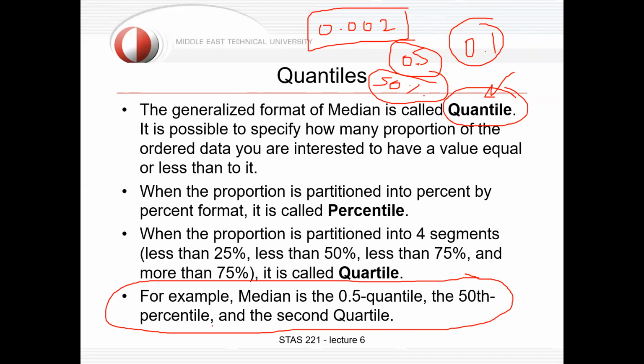especially quartile. Quartile is when you partition your data into 4 segments. Then we are interested in whether the data is less than 50%, which is the median, or 25%, which we call Q1, the first quartile, and the third quartile, which we show by Q3. So the median, which is the second quartile, you can also show by Q2. So Q2 is exactly equal to your median.